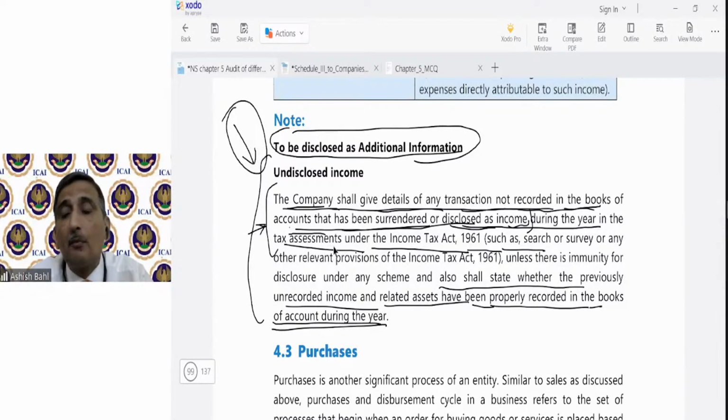So this point has to be disclosed in the financial statements itself by the company management. Okay, so you would gain more clarity about it when you read further in your income tax law classes. Okay.